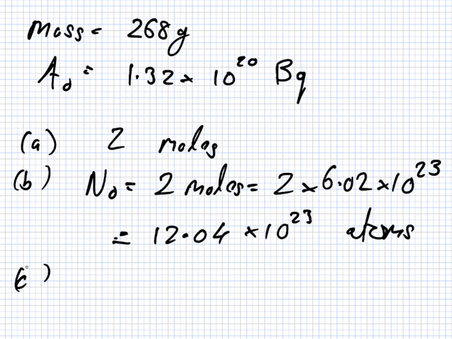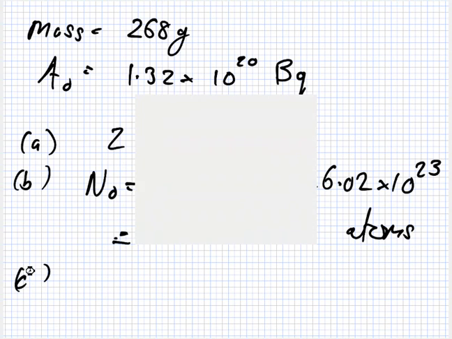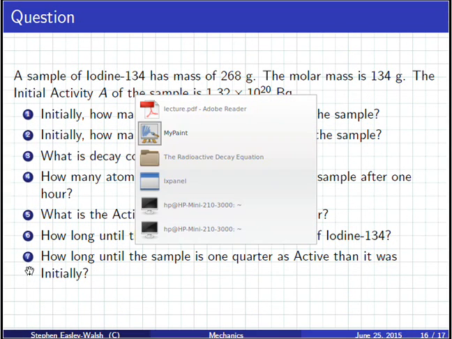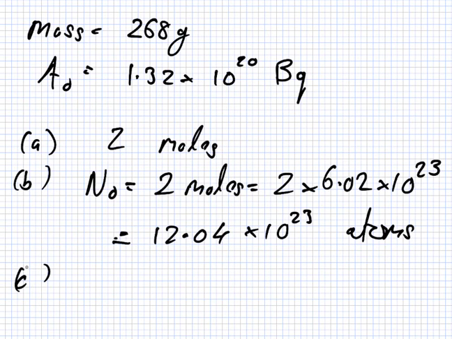Okay, part C. What am I asking you in part C? What is the decay constant? So in part C, I'm asking you for the lambda. What formula should I use to find the lambda? A equals minus lambda n. Lambda equals minus A over n.